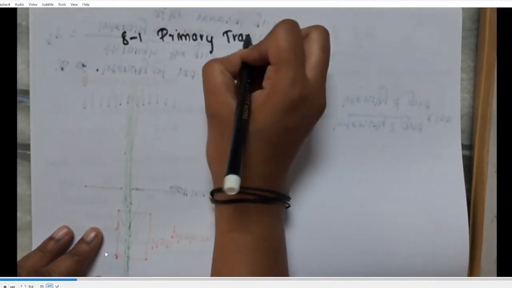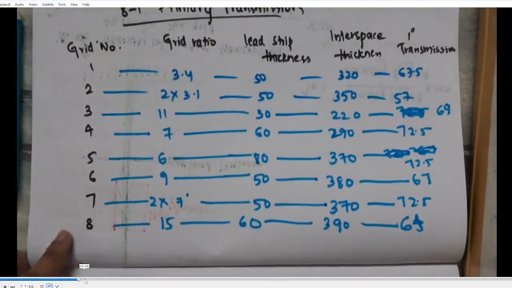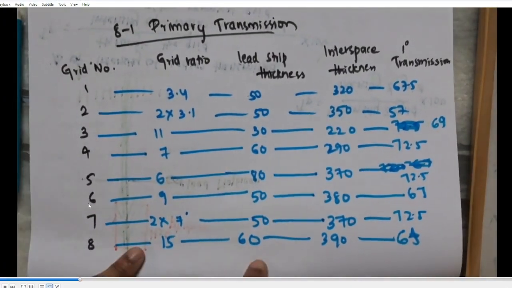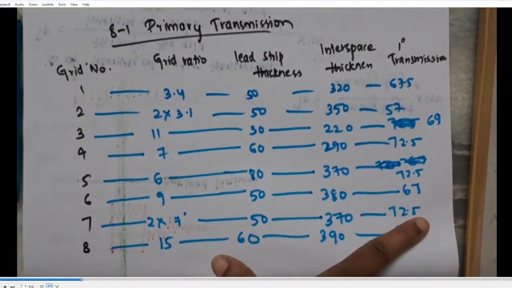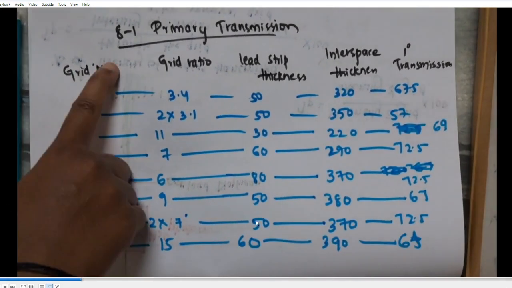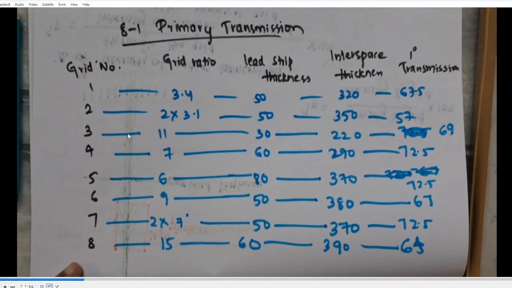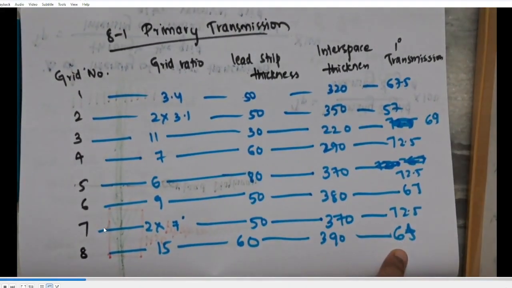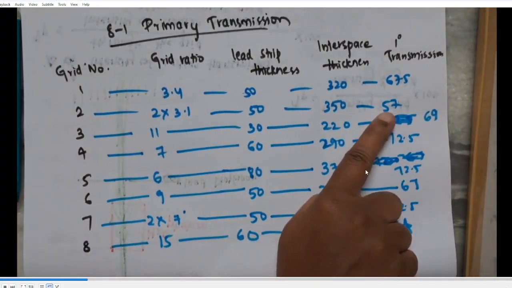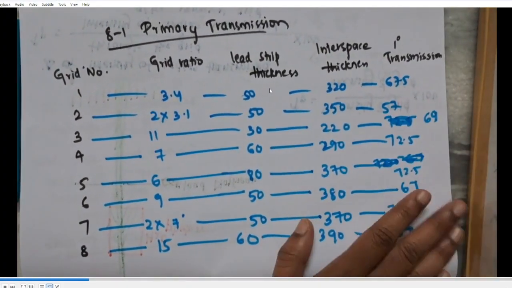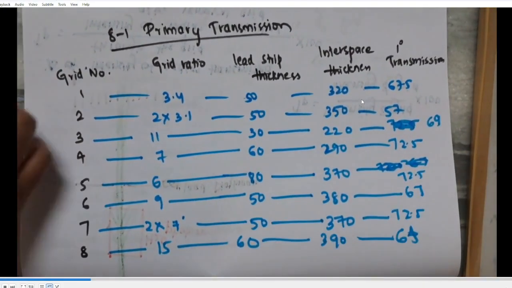Here we can draw a table determining the primary transmission. This shows the grid number, grid ratio, lead strip thickness, interspace thickness and primary transmission. This table shows the primary transmission for 8 different grids. There is significant loss of primary radiation seen with these grids.